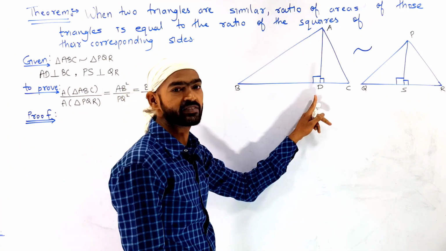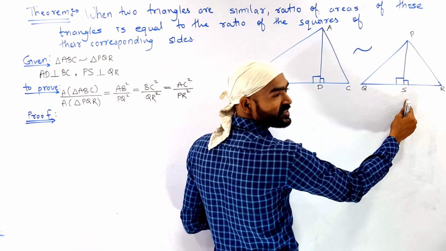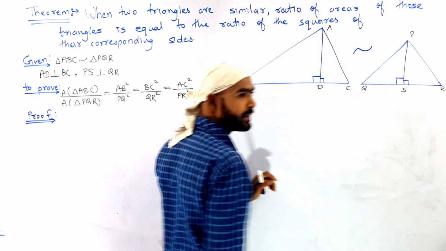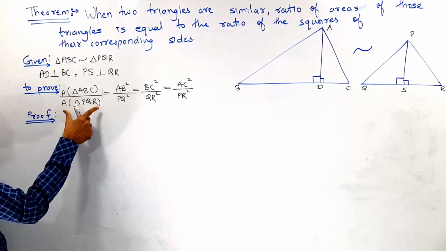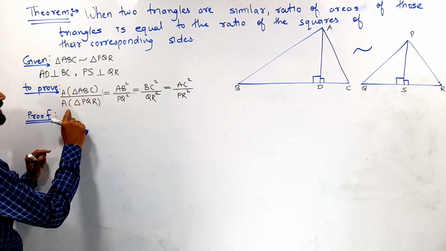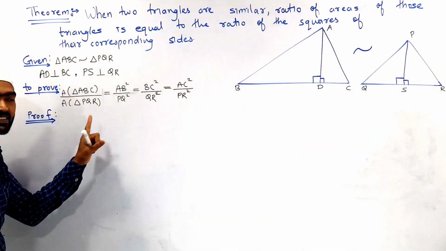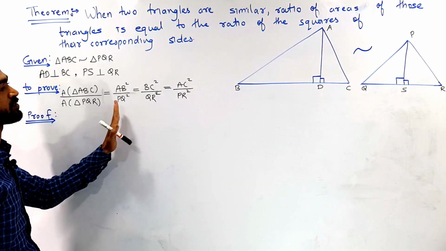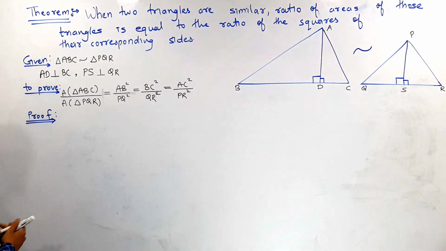Look, AD is height and BC is base. In the other triangle, PS is height and QR is base. Now what we need to prove? We have to prove that the ratio of areas of two triangles is equal to the ratio of squares of their corresponding sides. So this we can prove. How we'll prove it? Let us see.